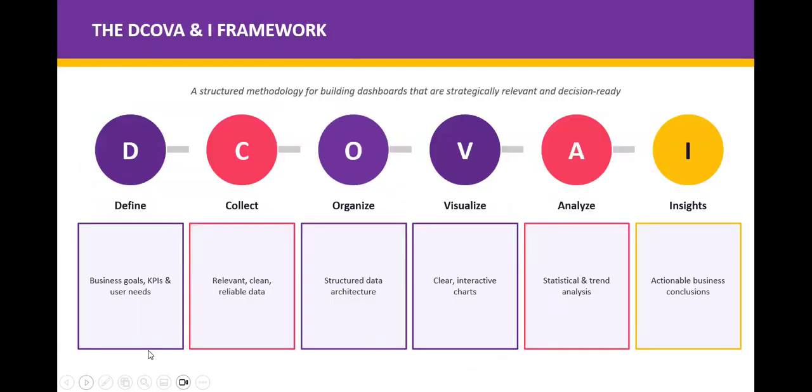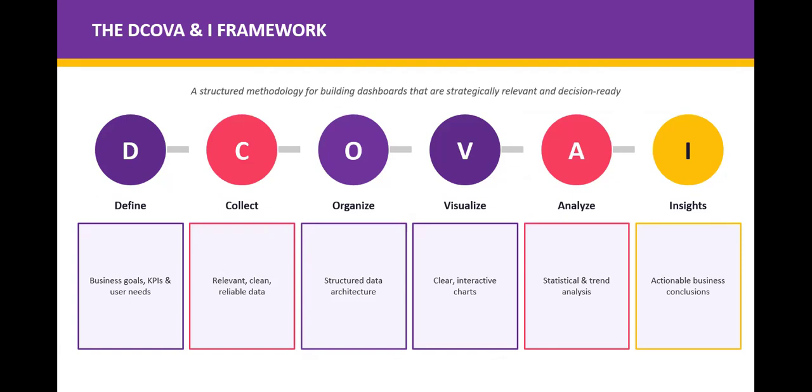The DCOVA and I framework is what I was speaking to you about, and this is an amazing framework which I follow. In fact, my book is called Learning Business Analytics in 6 Steps using DCOVA and I. So you can understand how important I find this framework. Now, what it really is, is a checklist. It is a list of 6 steps which we should follow in any type of data oriented project where we want to convert data into actionable insights.